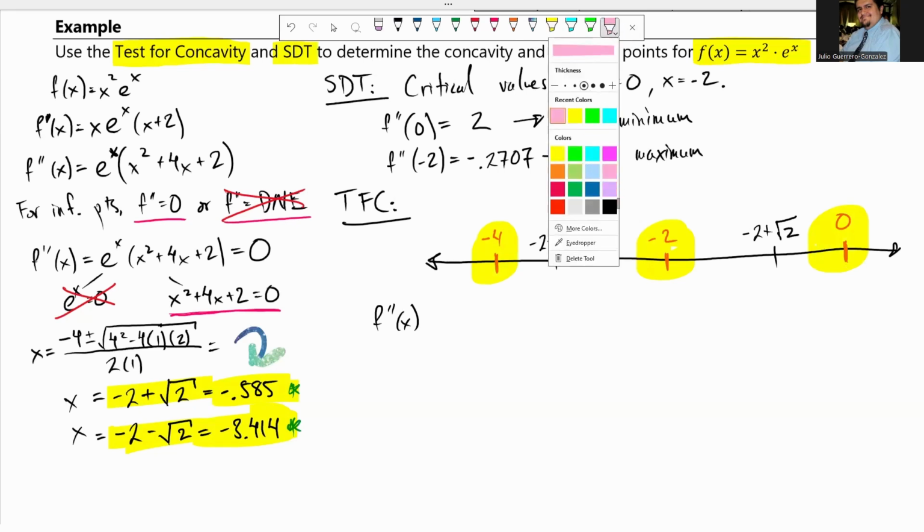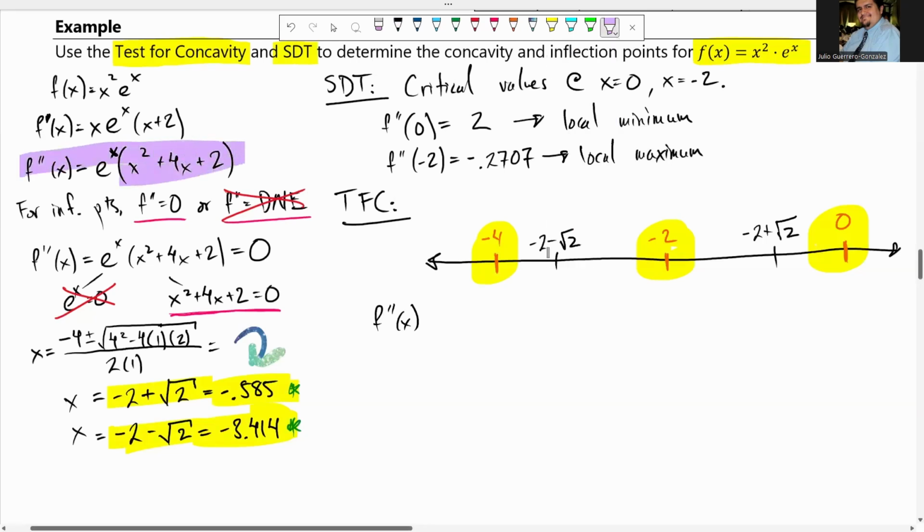I'm going to change my color for this. I'm going to need a purple. Here's my double prime, the double prime that I am concerned with.